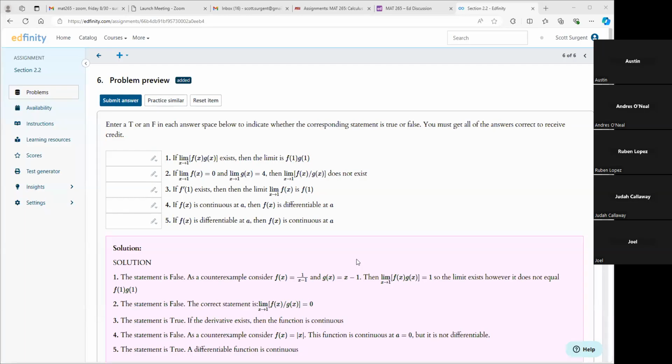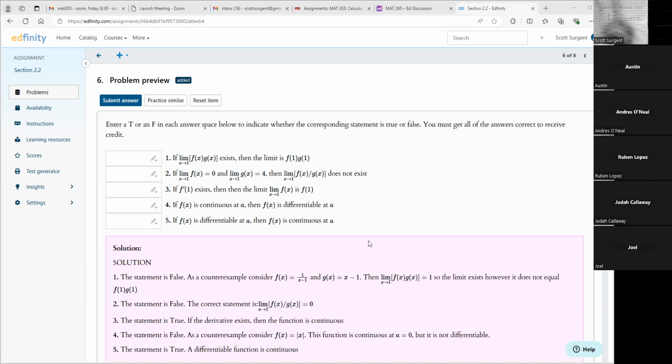Let me go back to the problem. If f prime of 1 exists, then the limit as x approaches 1 of f of x is f of 1. What do you guys think? Well, I'll just jot it down.